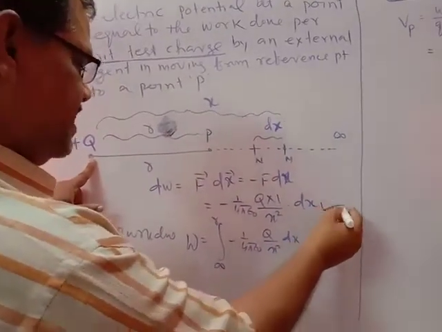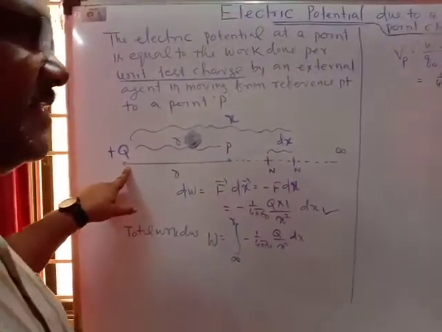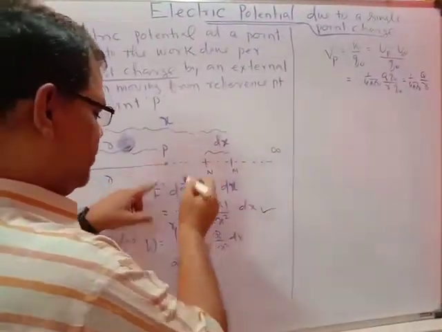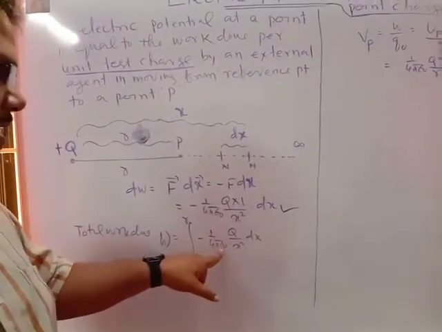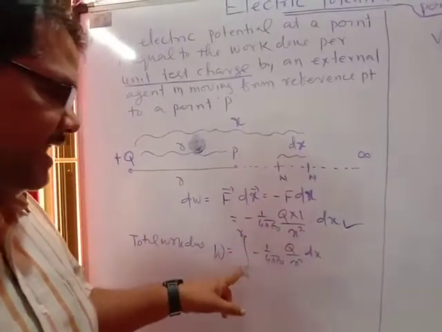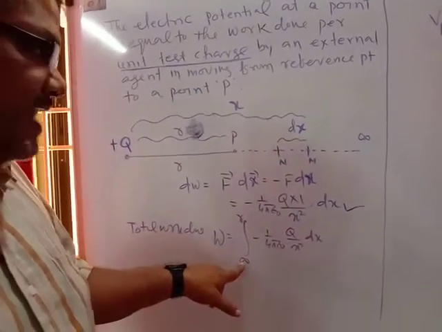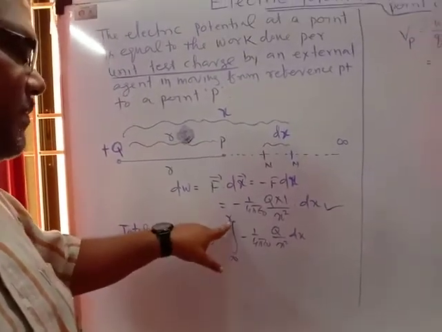This part is over. What will be the total work done? The total work done in bringing the test charge from infinity to P, we have to take the integration. The total work done equals minus 1 upon 4 pi epsilon naught Q upon x square dx, integrated from infinity to P. P is at a distance R, so infinity to R.